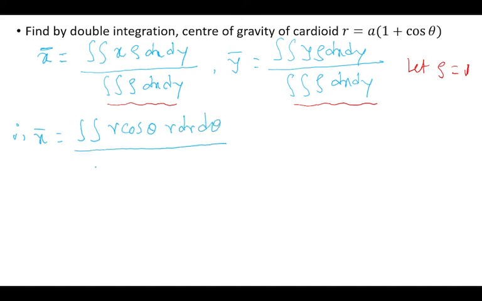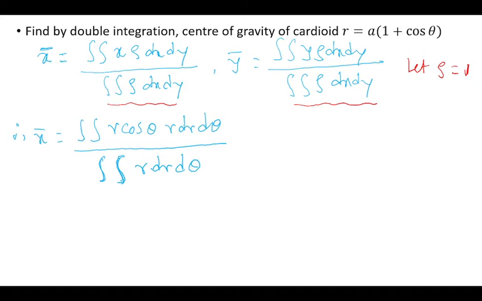Denominator, yes, it is similar, that is a double integral r dr d theta only. Don't do the silly thing. Few of the students do very funny things like cancelling this r dr d theta from numerator and denominator. You cannot cancel because this is inside the integral. They are integrands, they are not like multiplied. So this double integral r dr d theta is a function there. Let me find out x bar first.